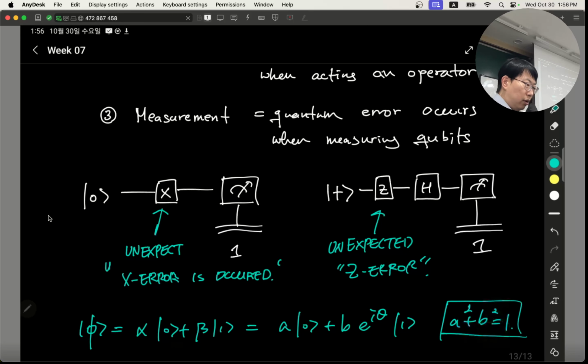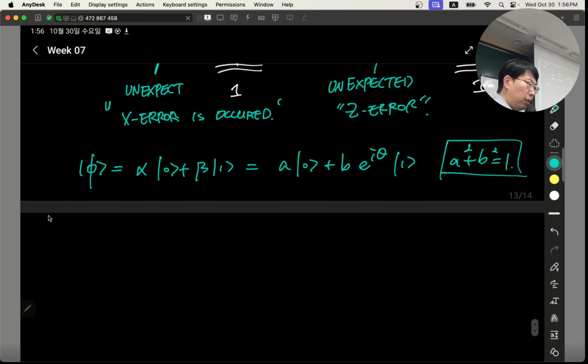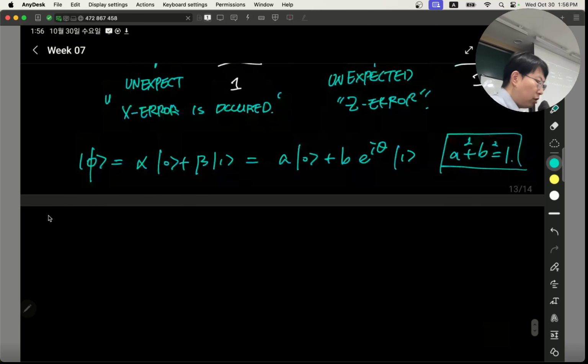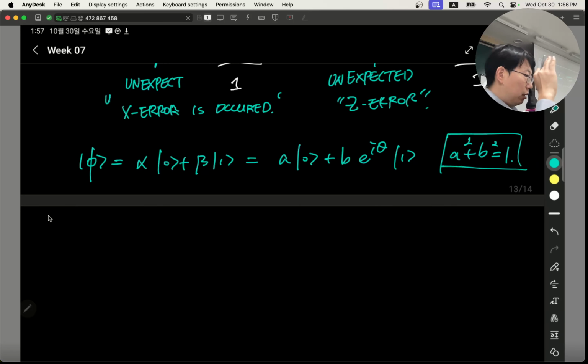That's the general form of a one-qubit quantum state. What could happen is that a or b could change its value a little bit, which affects the measurement outcome. And this phase could also be shifted. So all these values could be changed after some period of time.